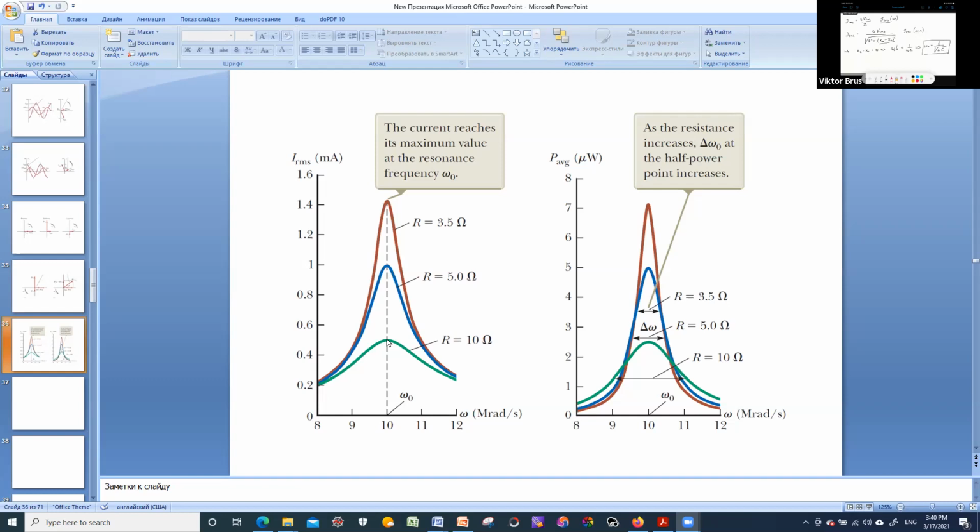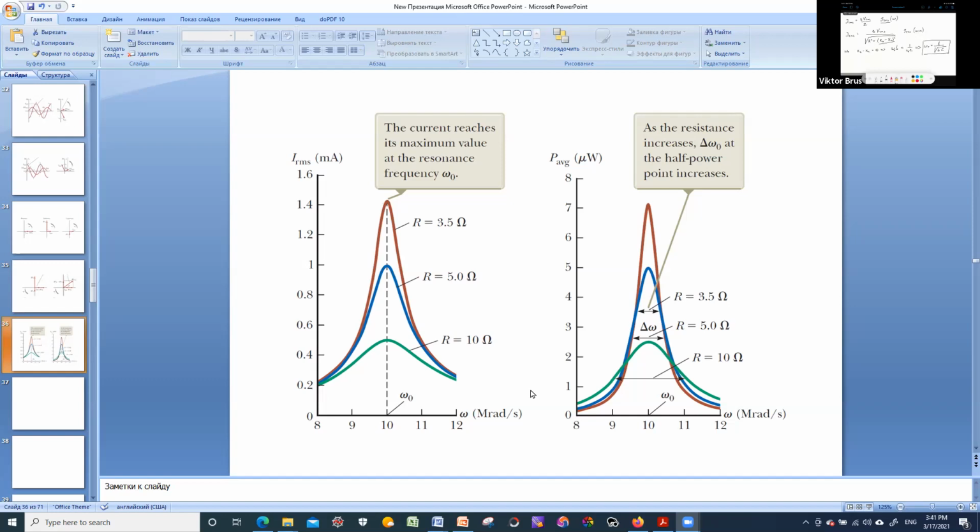So in the denominator we have resistance, and that's why obviously the maximum value will reduce with increase of resistance of our resistor. So we kind of limit this resonance peak value with the resistor connected in series to inductor and capacitor.